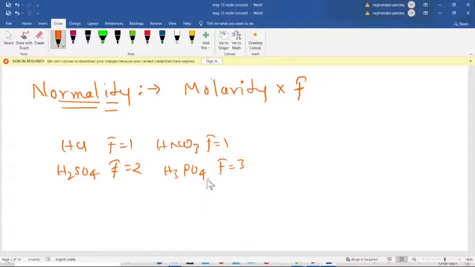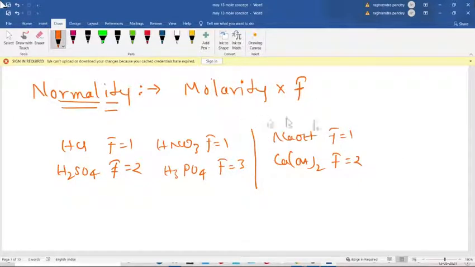We are just talking about acid base, no more concept, because that will confuse you. For base I told you yesterday NaOH F is equal to 1, calcium hydroxide F is equal to 2. So just find molarity and then multiply by F. This is one of the definitions that will work while doing the numericals.